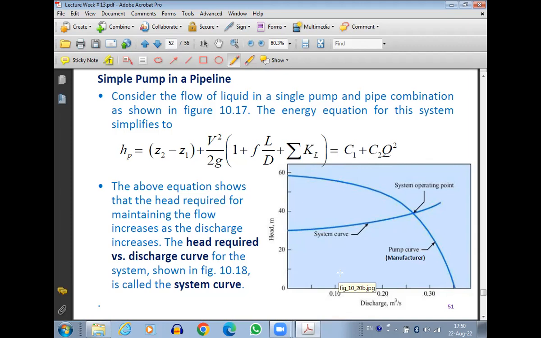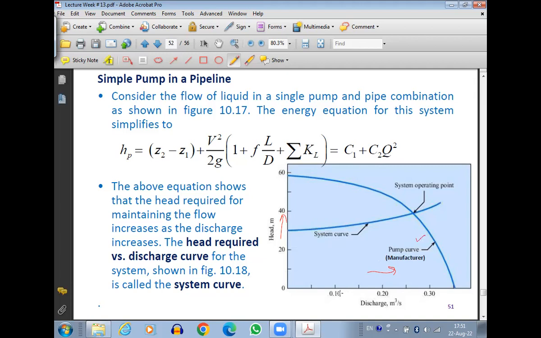First, we generate a system curve of how much head is needed compared to how much discharge. The more the discharge, the larger the head needed to push the flow within the piping system. At the same time, for the pump, a pump curve is provided by the manufacturer.